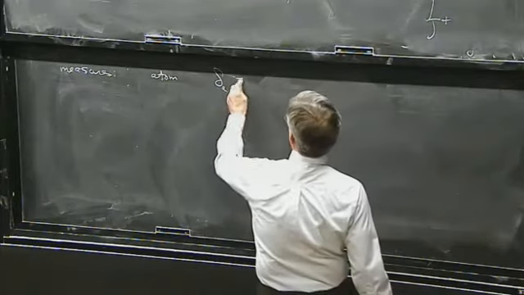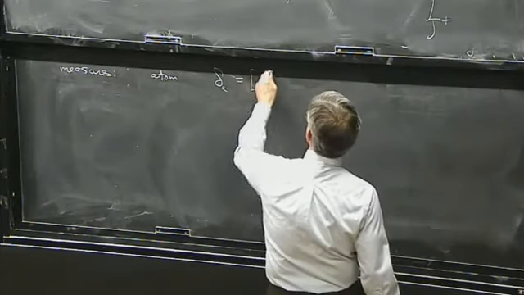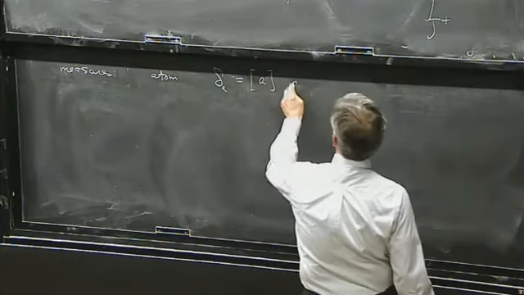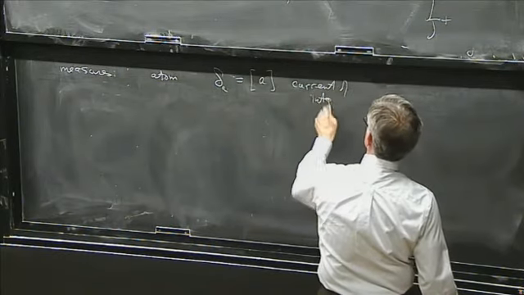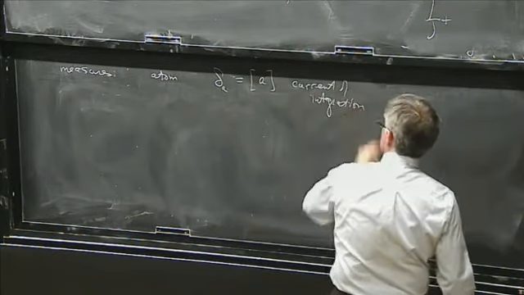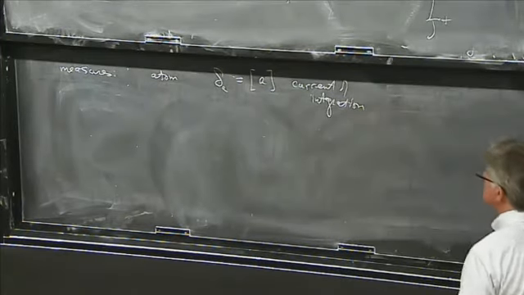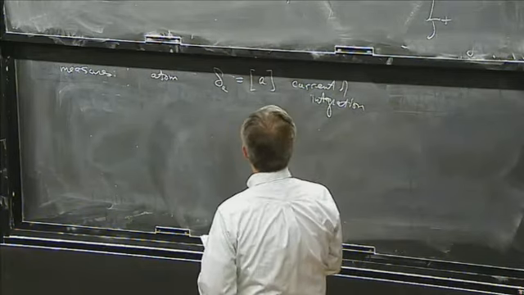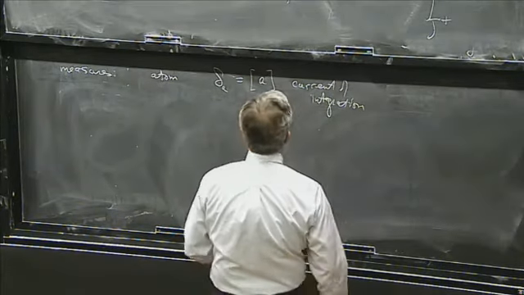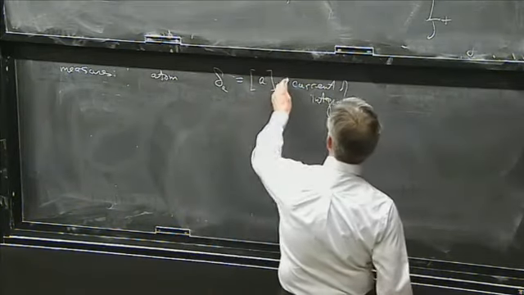And in fact, I want to think of it also as a current of integration. I could consider it that way. What is an atom for currents? So this will be a zero-dimensional current.